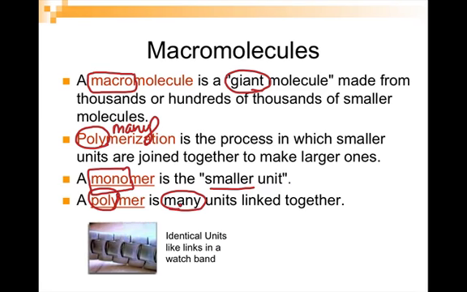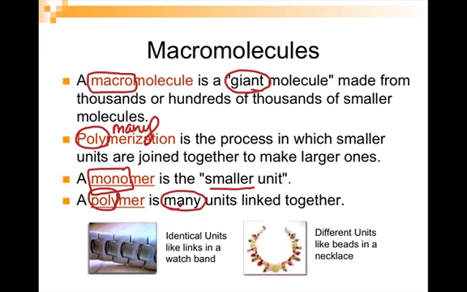Sometimes the units that are linked together are identical. And if you look at the watch band, the links look the same. And sometimes the units are different, like these different beads in a necklace. So either you're linking identical units together or you can link different units together in order to make a polymer.